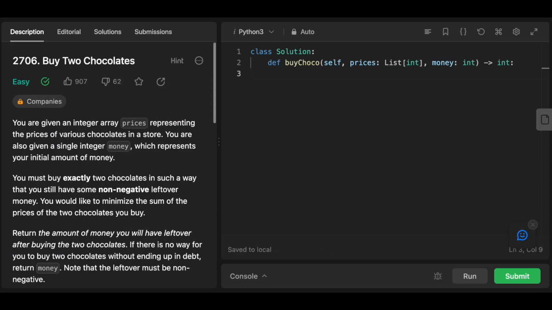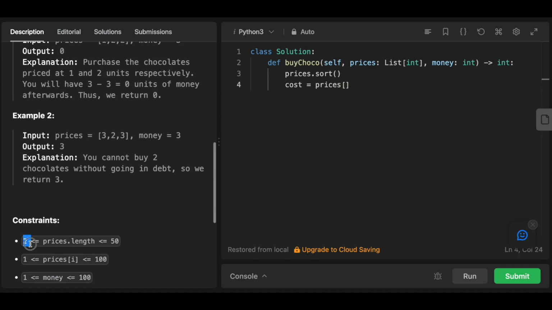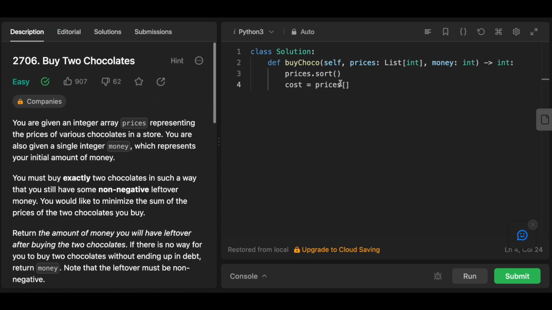All right, so let's try the first way first, which is all we did was prices.sort(), just have it sort ascending, and we're saying that the cost is, and we are guaranteed to have a minimum of 2 values, so we can do prices[0] plus prices[1].